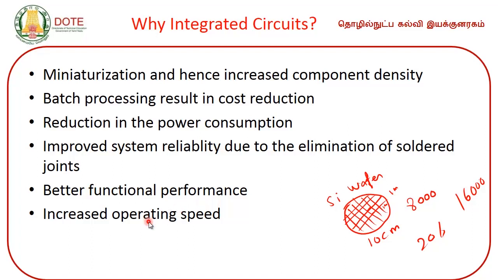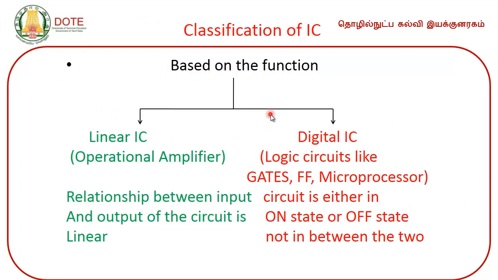Now we saw what is IC, right, and what is the advantage over the discrete circuit. Now let us see what are the classification of IC, what are the different types of integrated circuits. So ICs are classified based on different criteria.